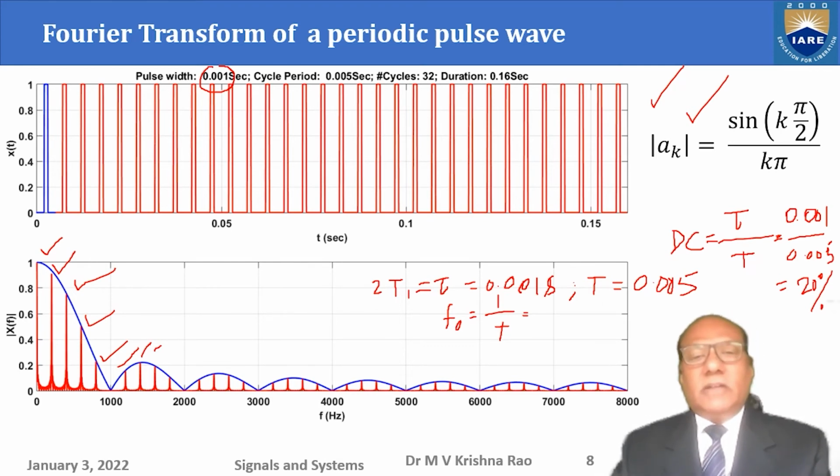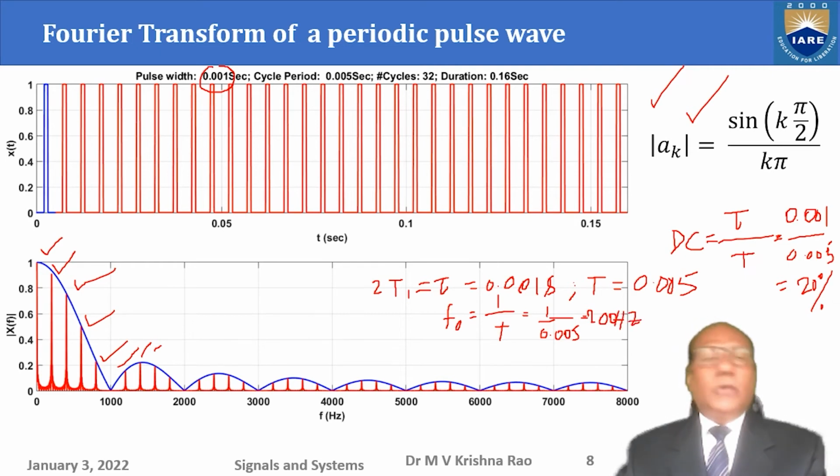So what is F0 here? 1 by T, that is nothing but 1 by 0.005, that is nothing but 200 Hz. 1000 divided by 5, that is nothing but 200 Hz. Okay, so 200 Hz. If you see here, this is the spacing.